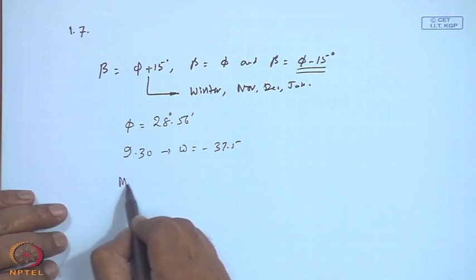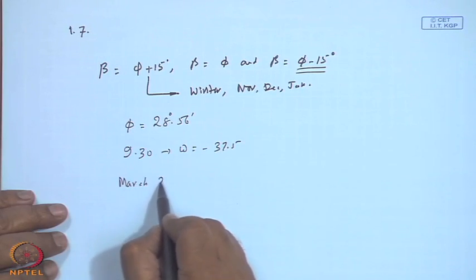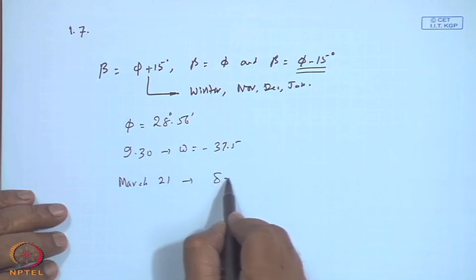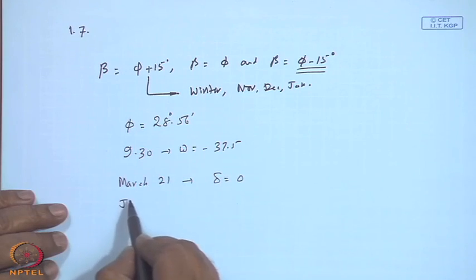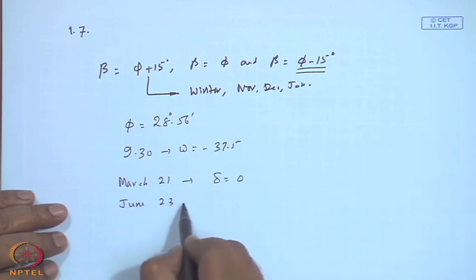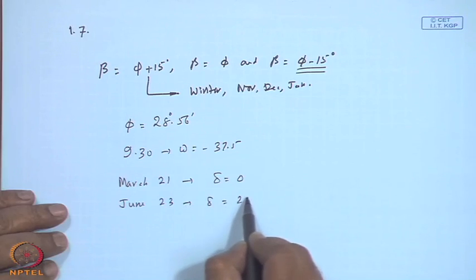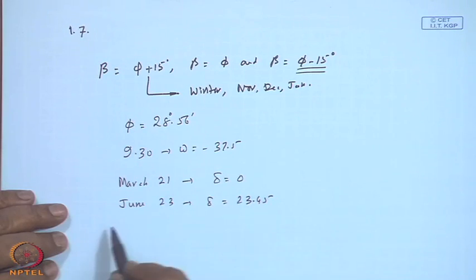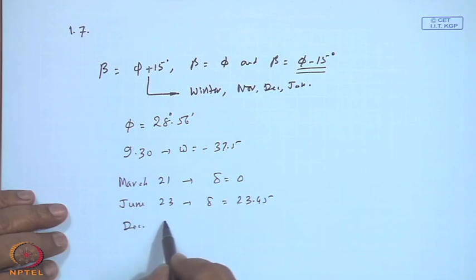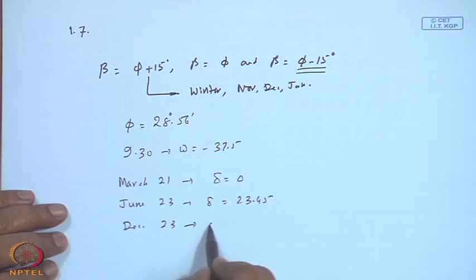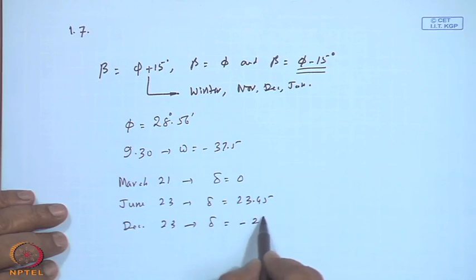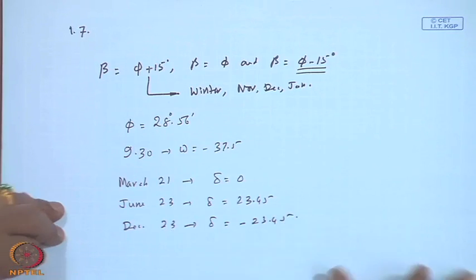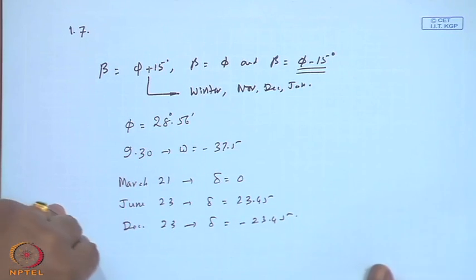For March dates, delta is 0, and for June, delta is positive 23.45, and on December 23 you have declination of minus 23.45. I will go through these numbers quickly, so that we can conclude something out of this exercise.